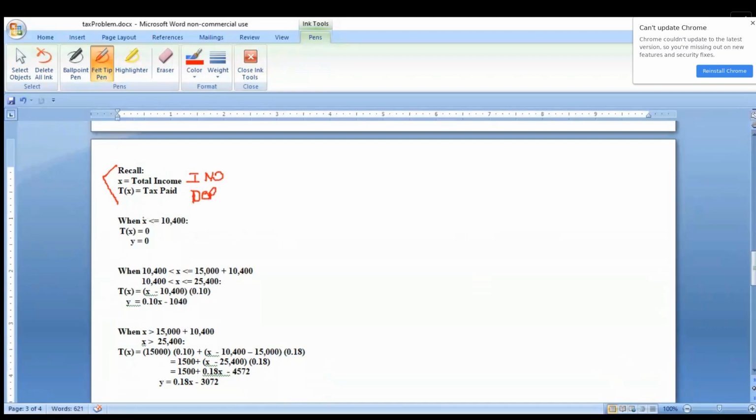Now when X, our total income, is less than or equal to 10.4, our perks, then our tax paid is 0.